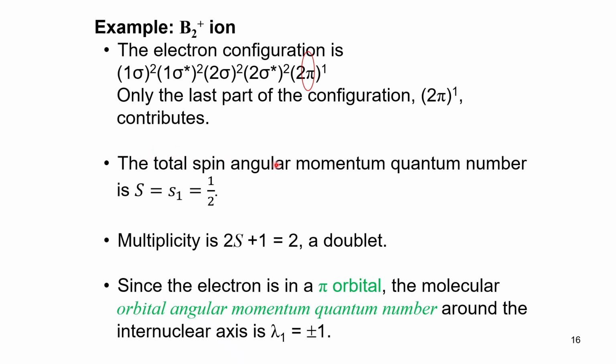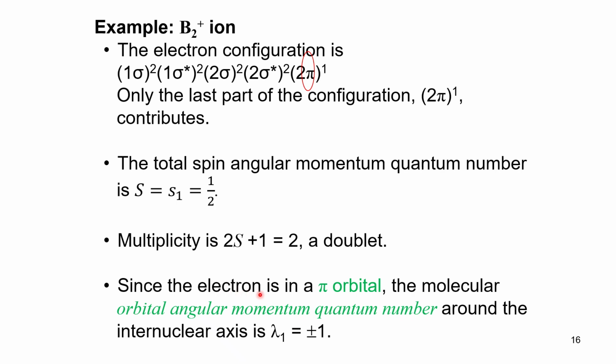The total spin angular momentum quantum number S equals 1/2 because we have only 1 electron. Therefore, the multiplicity equals 2 times 1/2 plus 1, which equals 2, giving rise to a doublet.